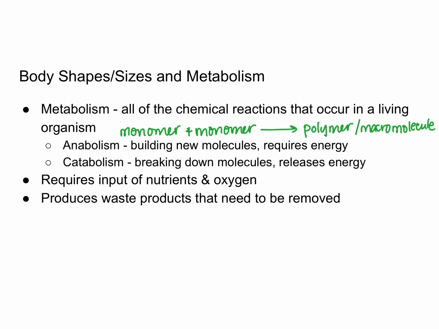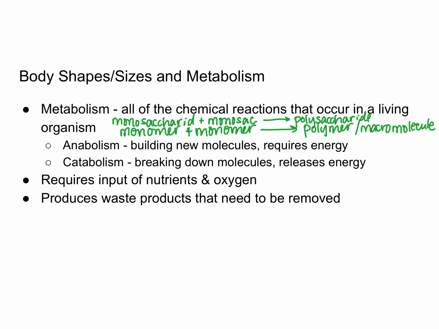A more specific example would be taking a monosaccharide and attaching it to another monosaccharide. There would typically be more than just two involved, but I'm just drawing two here for an example. That would give us a polysaccharide, which would be a complex carbohydrate.